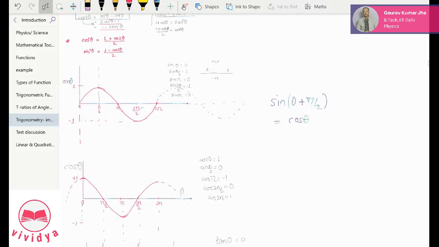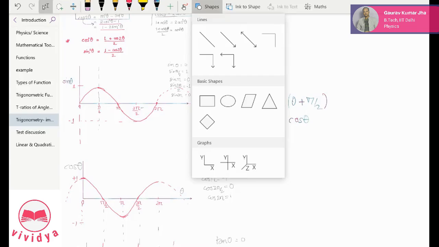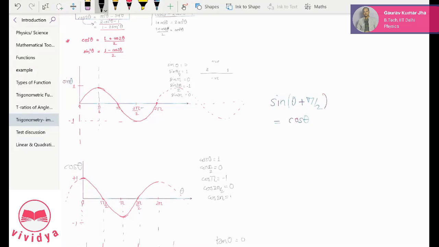If you shift the sine theta graph by pi by 2, it becomes similar to the cos theta graph. And there is a logic: sine theta plus pi by 2 becomes cos theta.